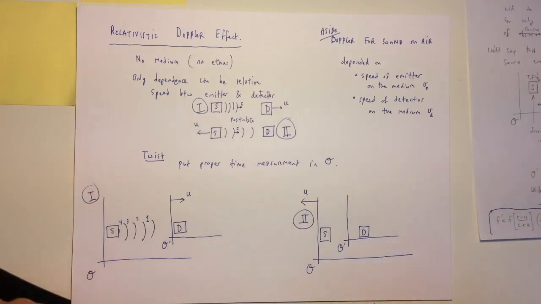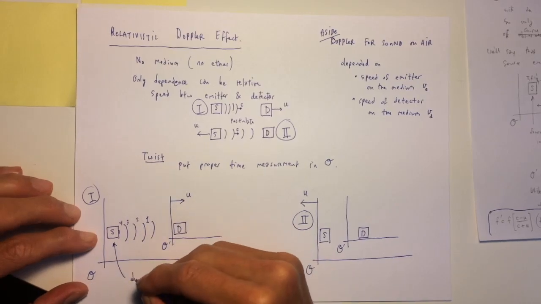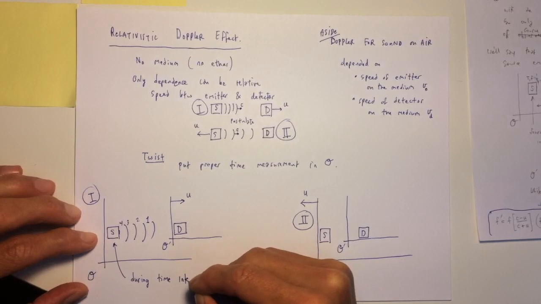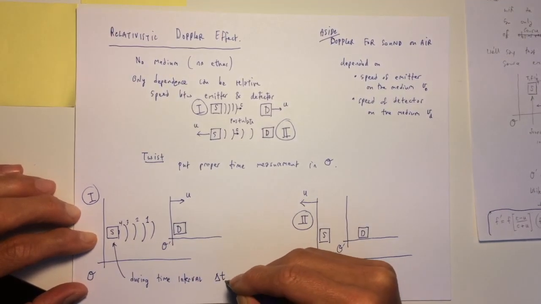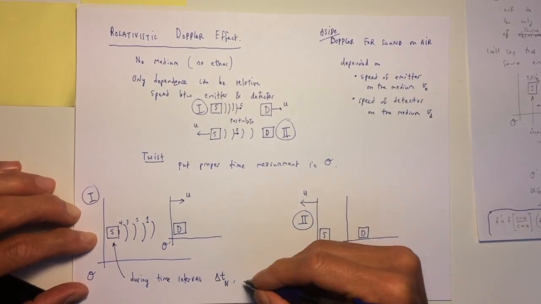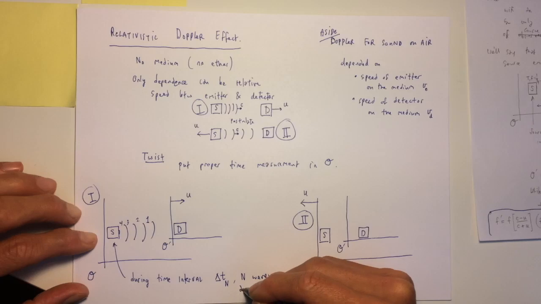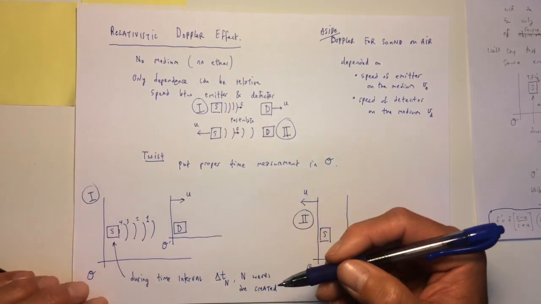So what we're going to do is we're going to say that during time interval delta t sub n, n waves are created, right?